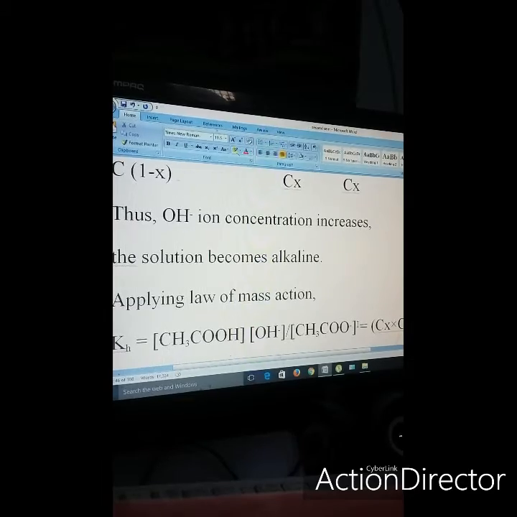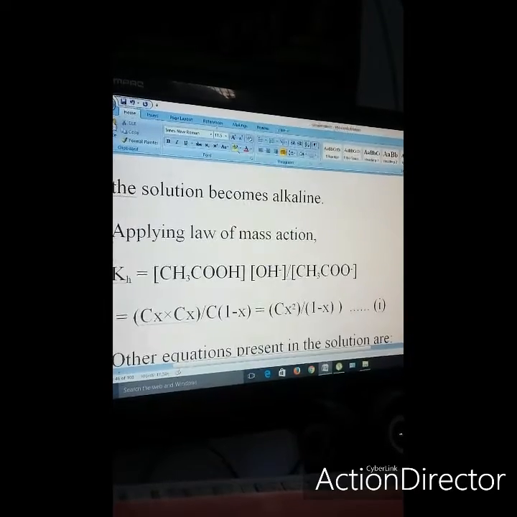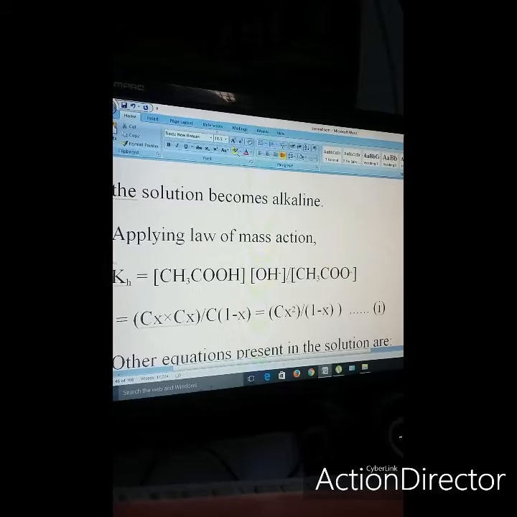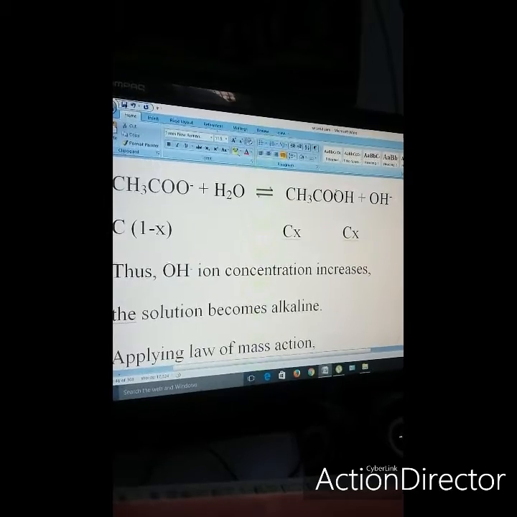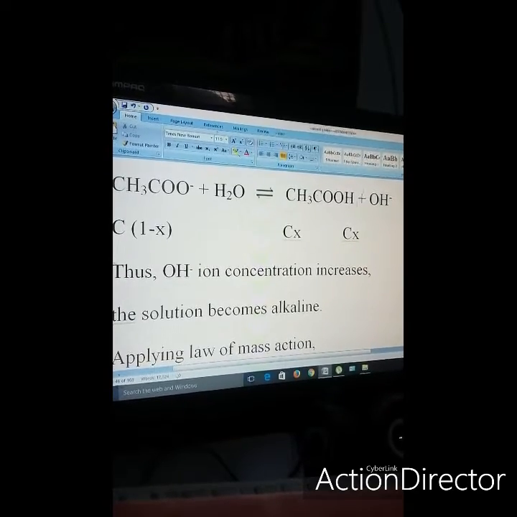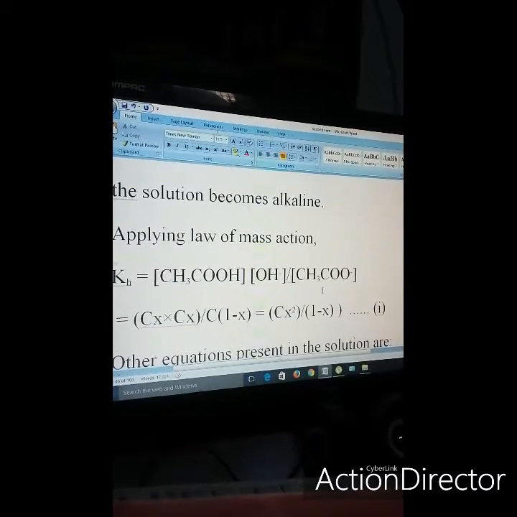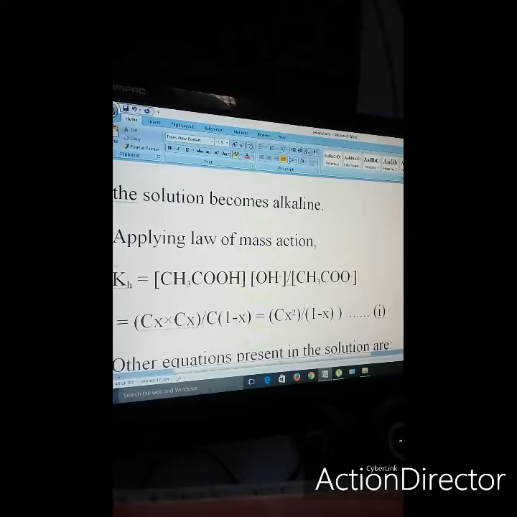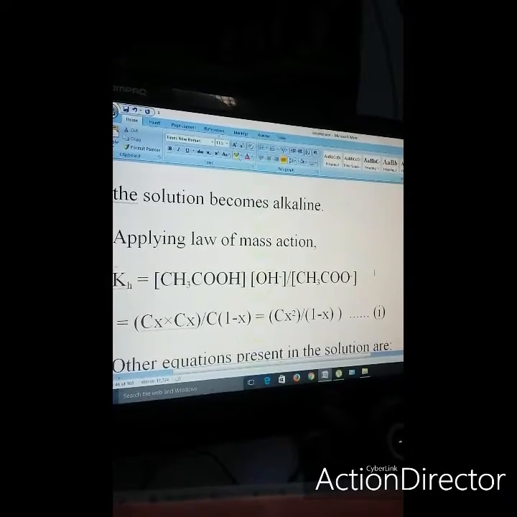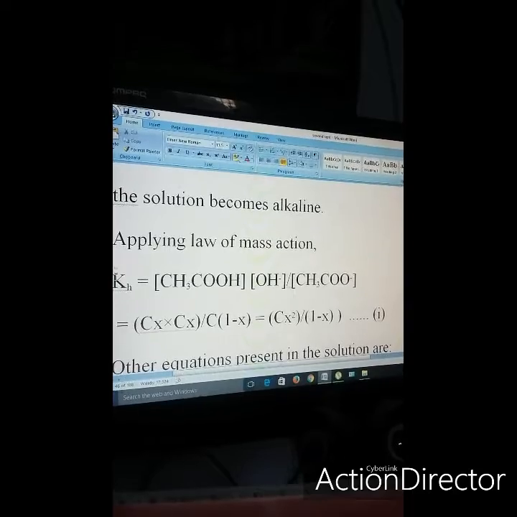According to that, Kh will be the dissociation constant, which is given by the concentration of the product upon the reactant. Product is acetic acid and hydroxyl ion, so the product is CH3COOH and OH upon the reactant CH3COO negative and water. That water with K will give you what is known as Kh.